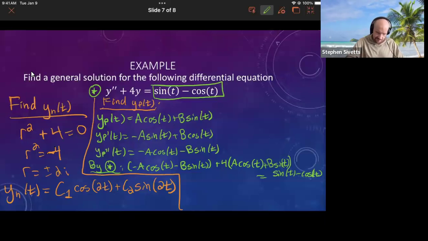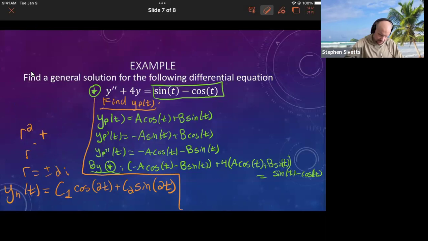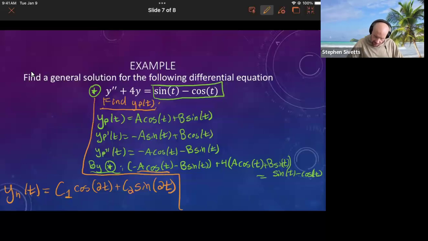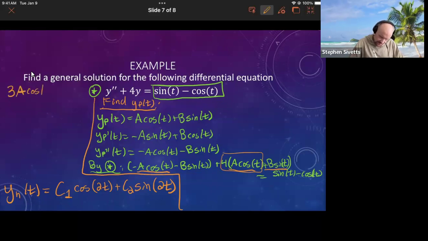So if we match up the cosine terms, we have a minus a and a plus 4a, so that would be 3a cosine t.